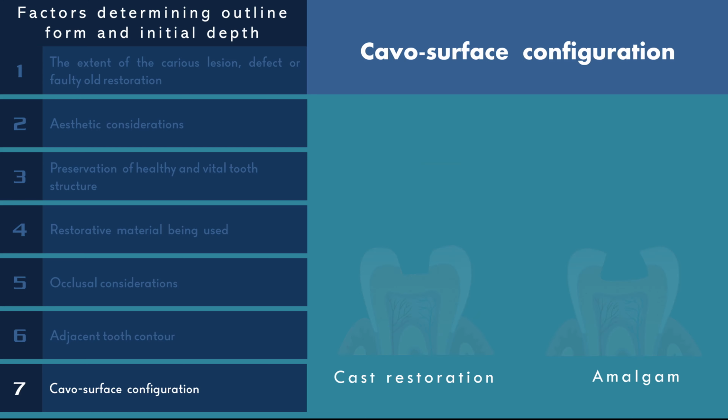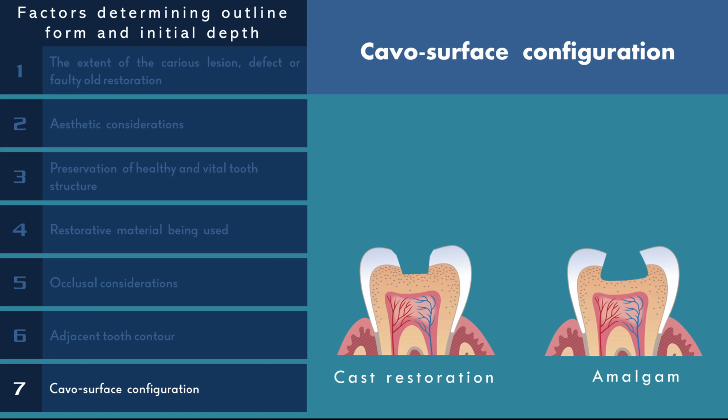The last factor which governs the outline form and initial depth is the cavo-surface configuration. The angle or the margin which is formed between the prepared and the unprepared tooth surface is called the cavo-surface margin. The cavo-surface configuration can be different depending upon the type of the restorative material.